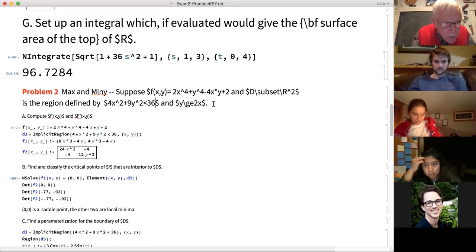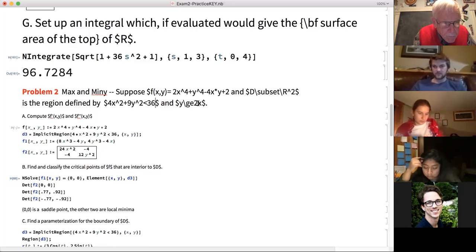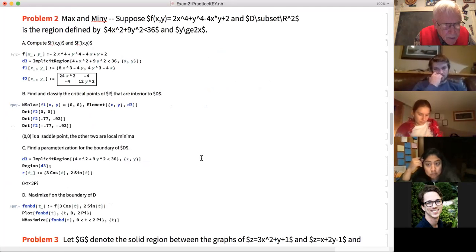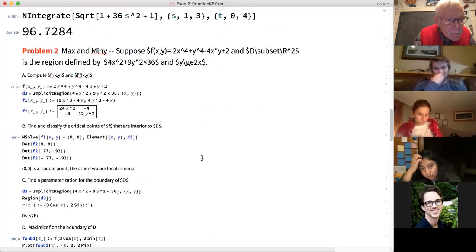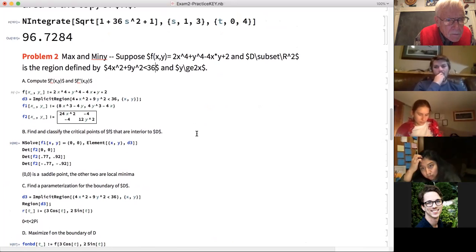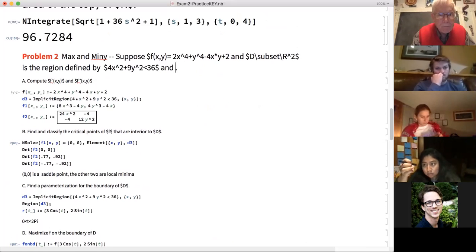And y is greater than 2x, or is it 3x? I forget. Hang on for just a second here. You only listed the 4x squared plus 9y squared less than or equal to 36. That's all you gave us. Oh, that's all I gave you. Okay, so that's good.